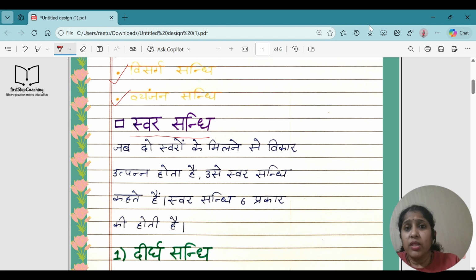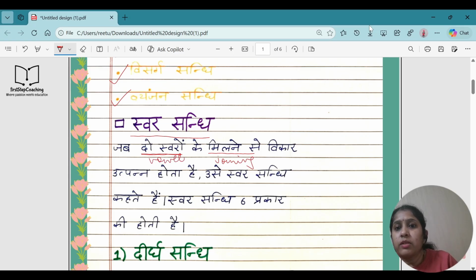So, what is Swar Sandhi? What are swar? Swar are the vowels. When two swar meet, जब दो स्वरों के मिलने से विकार उत्पन्न होता है उसे स्वर संधि कहते हैं. Milne se means joining and swar means vowels.